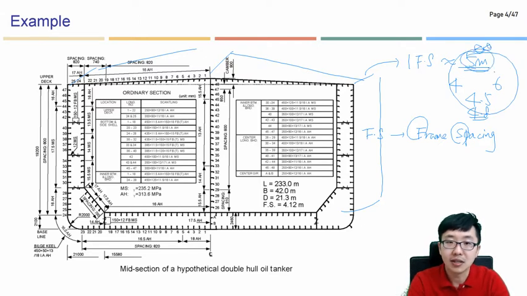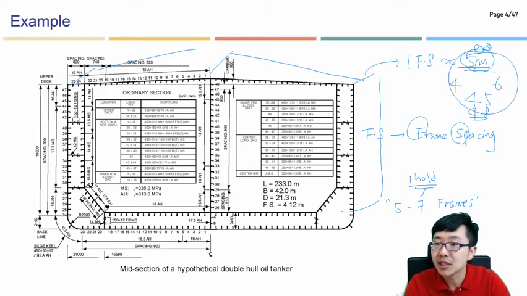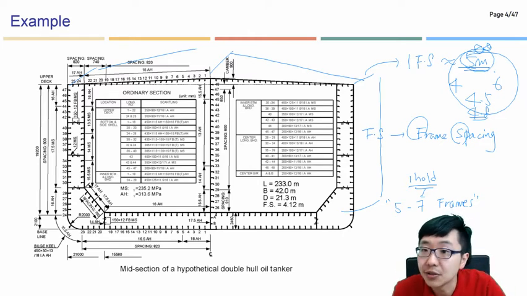So nearly 5 meters. In one hold, we have like 5 to 7 frames, right? At the same time, this is the midship section information. So you can see the geometrical information as well as the material properties here.